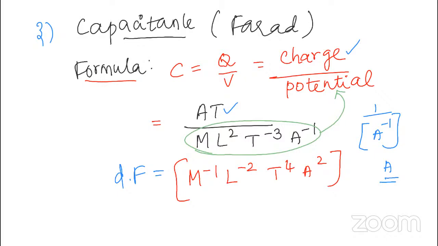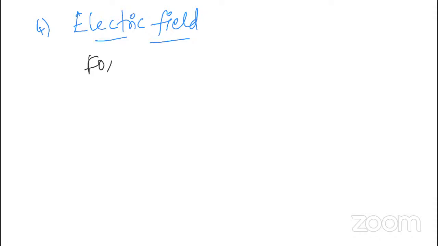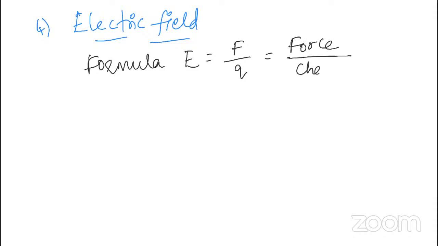Next one, fourth, electric field. So electric field is calculated by the formula E is equal to F by Q. Here F is nothing but force, and Q is nothing but charge.